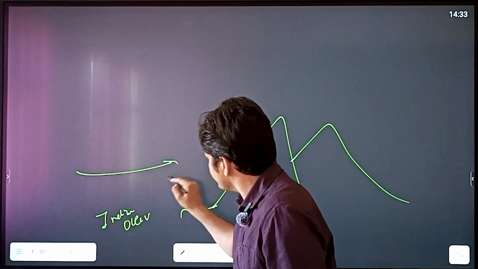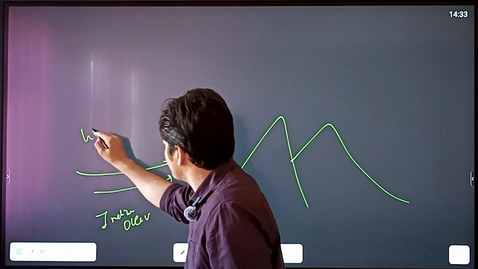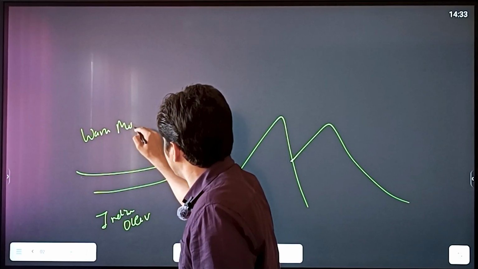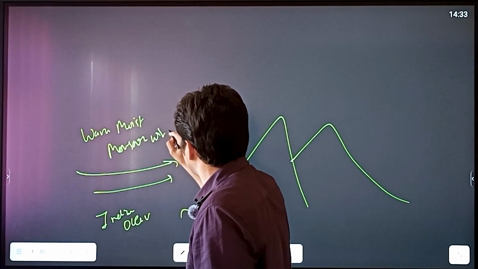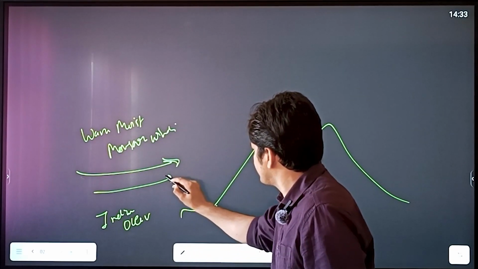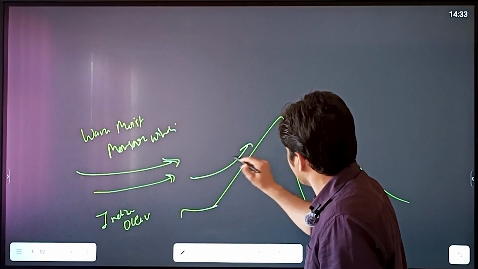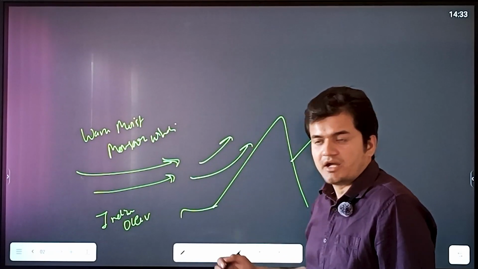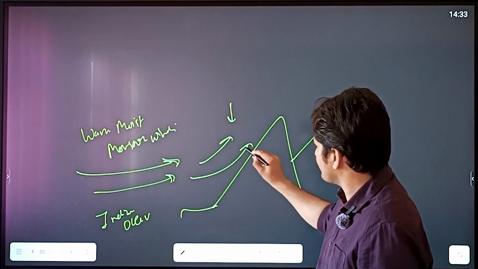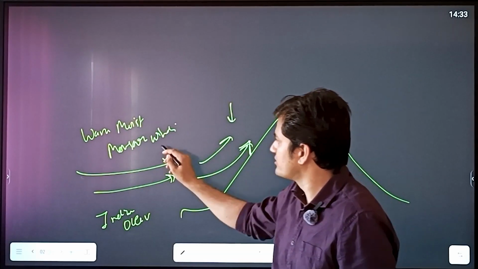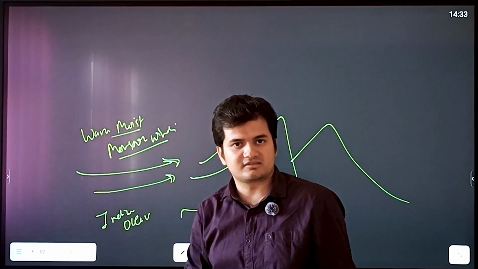These monsoon winds, the warm, moist monsoon winds, will rise up when they collide with the Western Ghats. As we move up in the troposphere, the temperature will decrease. And because of the low temperature, these warm, moist monsoon winds will get condensed.